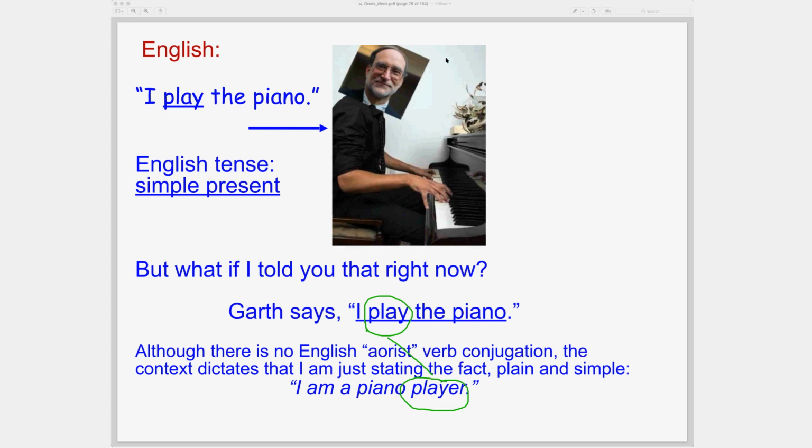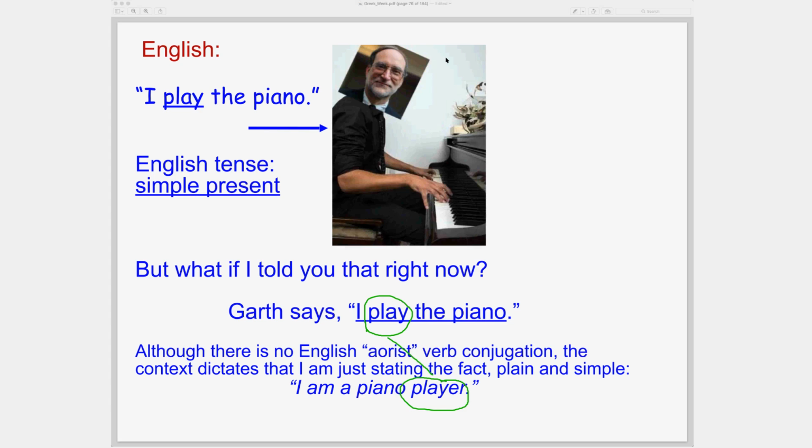So, I don't know. Does that help to explain what I'm getting at? When you first hit this thing, it's like, wait a minute, what are you talking about? My professor in Greek told me to translate the indicative aorist as past tense.